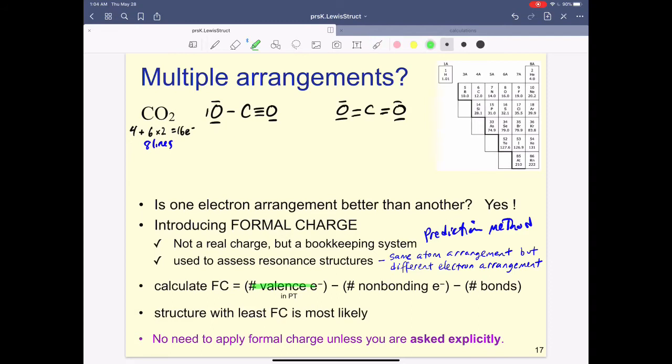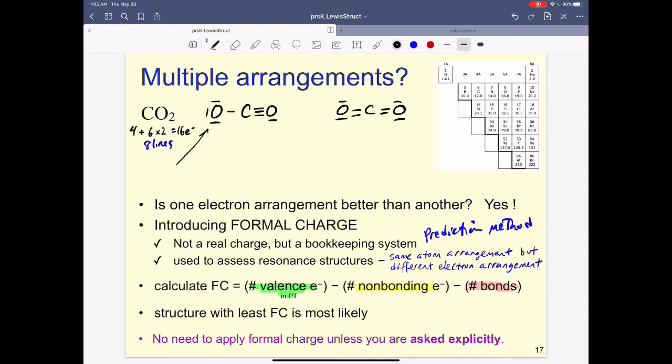We'll need to consider each atom in both formulas separately, one at a time, by looking at the number of valence electrons the atom has, subtracting the number of non-bonded electrons around that atom, and lastly considering the number of bonds. So let's do that in the first structure.